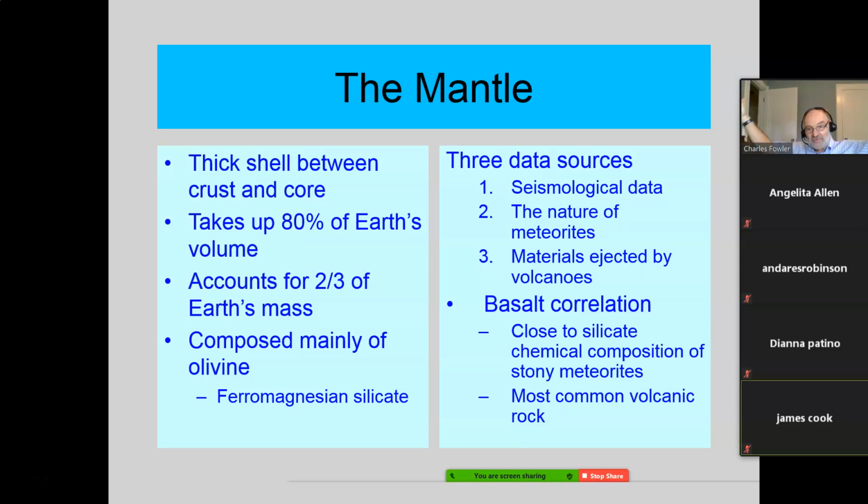The mantle is much denser than the crust, but the core is much denser than the mantle. Why? You have all that gravitational attraction adding and pushing the molecules of the core even closer together than those in the mantle. So while it takes up 80% of the Earth's volume, only about 67% or 2/3 of the Earth's mass. It's composed mainly of olivine.